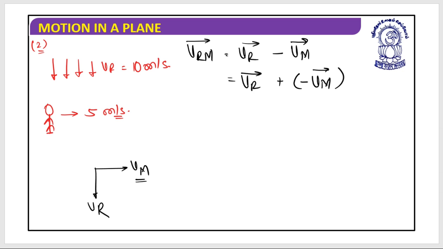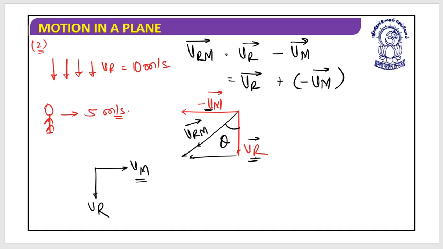How could I do this? This is VR, and this is minus VM. This is the situation. To calculate the position of the umbrella, this is the first vector, this is another vector, so their resultant must be somewhere here. It's VRM, and if I keep my umbrella at an angle theta with the vertical, this is VR and this side is VM.